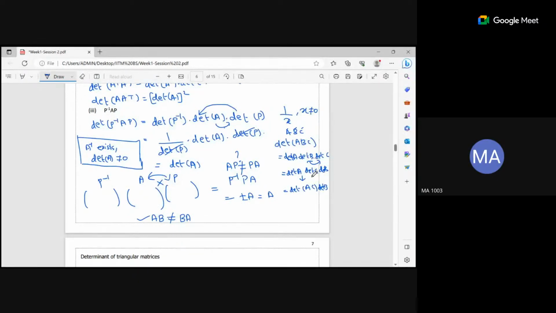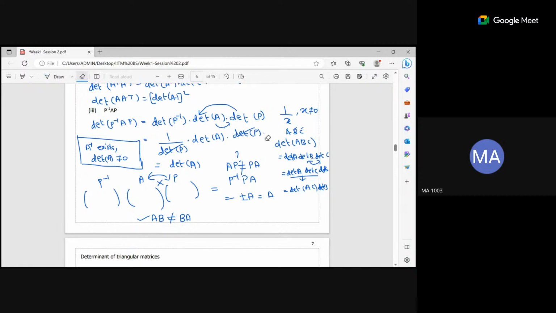You cannot write it this way. You never know whether A and C multiplication is first of all possible. These are just numbers. So just shifting the numbers and then going back, this is wrong.